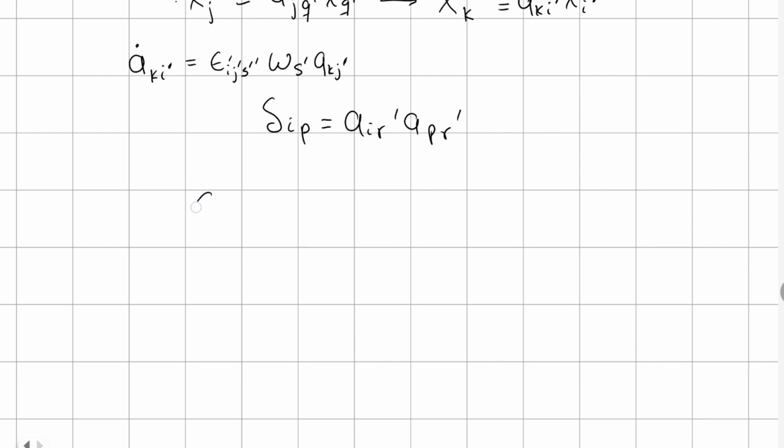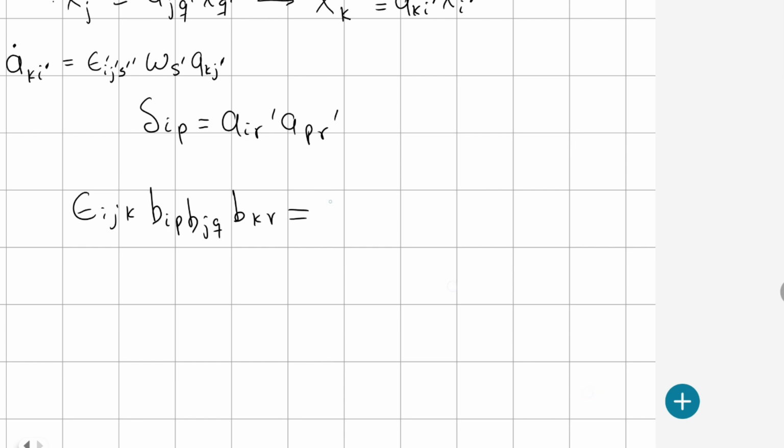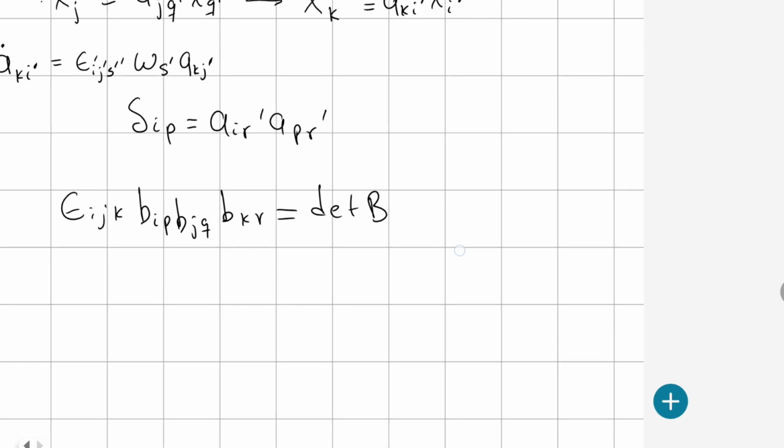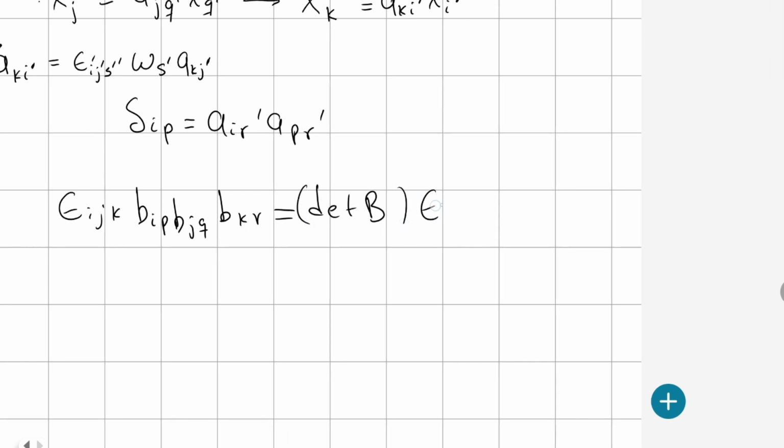We are going to have that the Levi-Civita tensor epsilon_ijk multiplying b_ip, b_jq, and b_kr is equal to the determinant of some matrix B, of course where these b's correspond to elements of that matrix B, times the Levi-Civita tensor with the indices p, q, r.